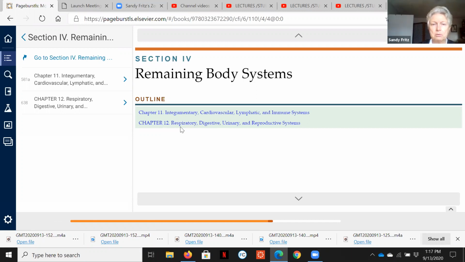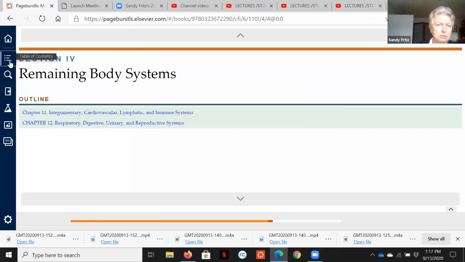And so you'll find that there's a little bit more information about these 2 systems than there is about the urinary system. Okay, so let's open this up.